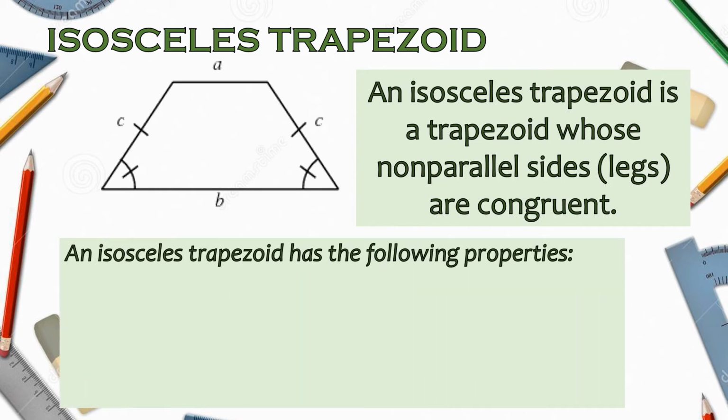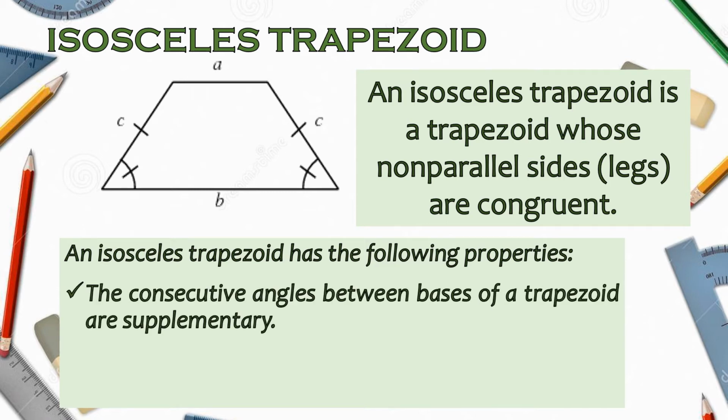Let us now have the properties of isosceles trapezoid. These properties are not present dun sa mga ordinaryo nating trapezoid. The first one, the consecutive angles between bases of a trapezoid are supplementary. So, ang consecutive angles nila sa kanilang bases ay supplementary.